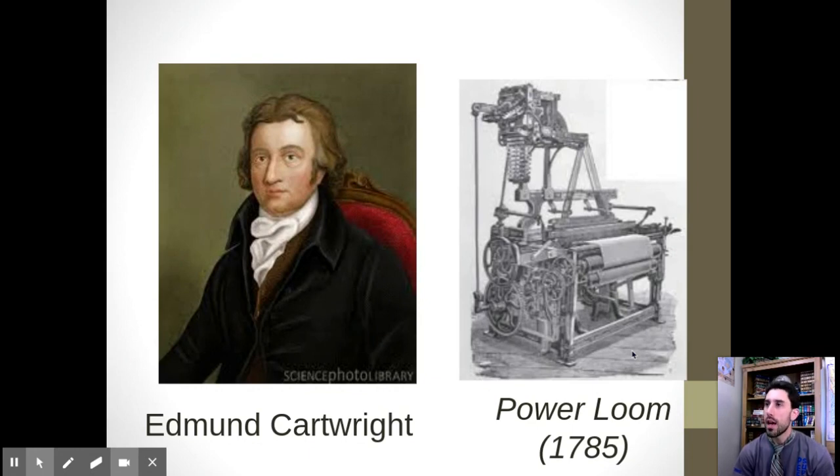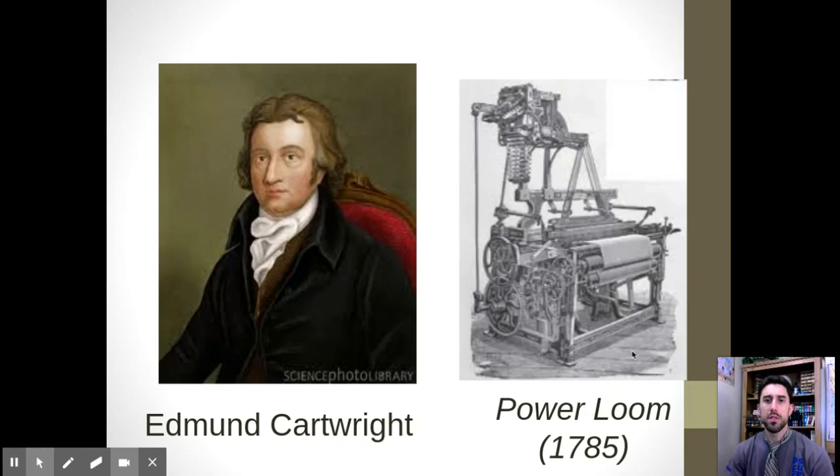And the power loom, as you might guess, is a loom that is mechanically run by some outside energy source. In this case, let's presume it's water power. But, in time, you could attach this thing to any other motor or energy source, be it electricity or coal, as we will talk about in future slides.